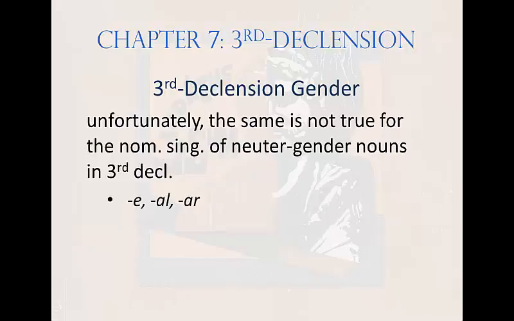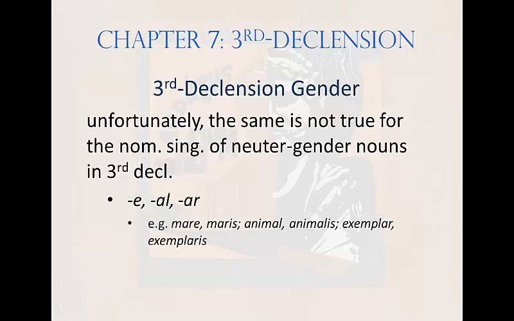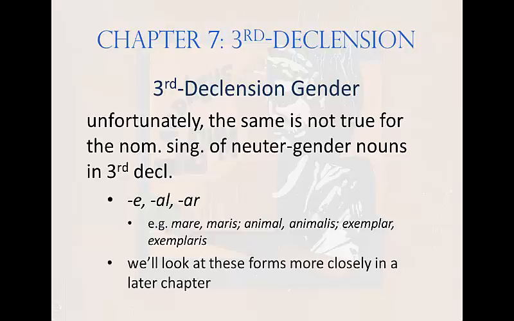Neuter, unfortunately, offers no such helpful patterns, other than nouns which end in their nominative singular e, al, or ar, such as mare, maris, meaning sea, animal, animalis, meaning animal, and exemplar, exemplaris, meaning example, tend to be neuter. We'll examine these words more fully in later chapters.